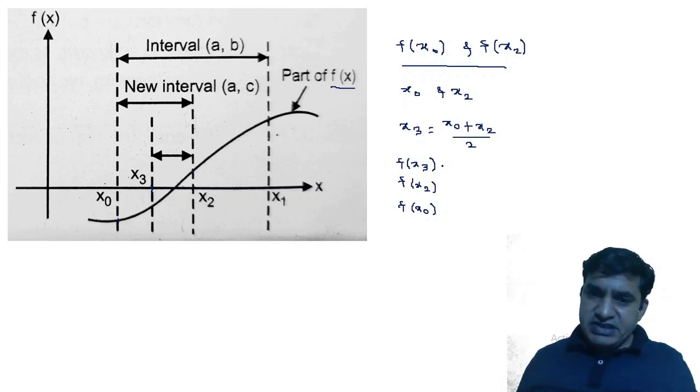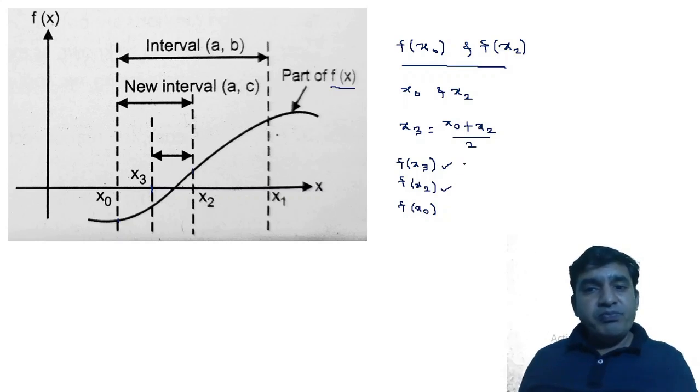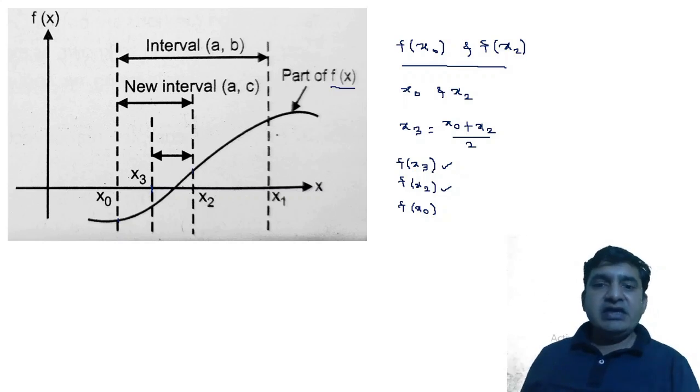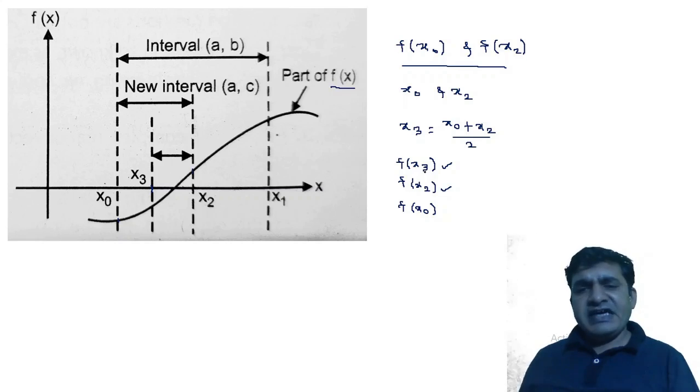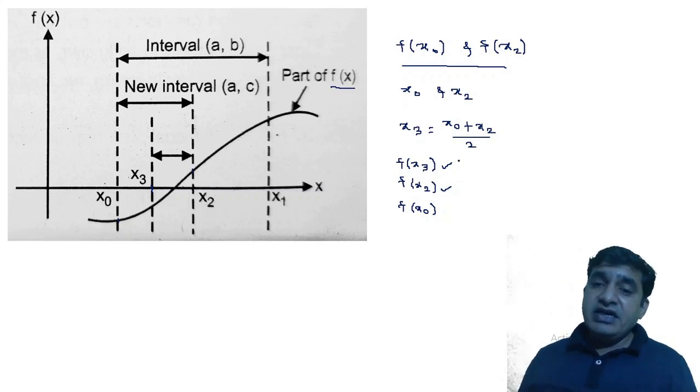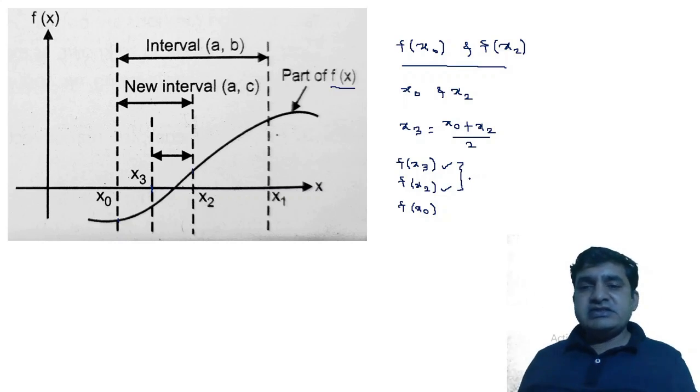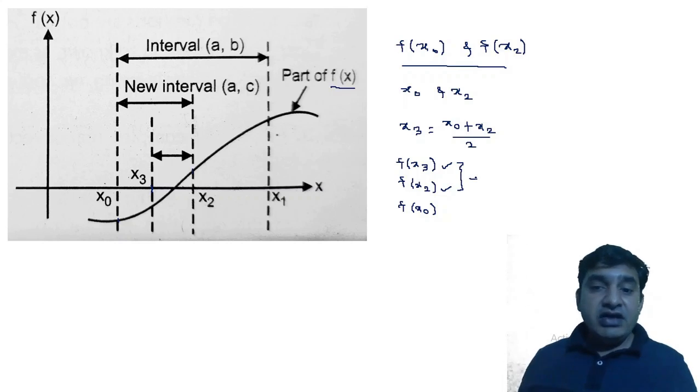If f of x3 and f of x2 both have opposite signs, that is, if f of x3 has a positive sign and f of x2 has a negative sign, then we can say that the root lies in between x2 and x3, and this process is carried out.